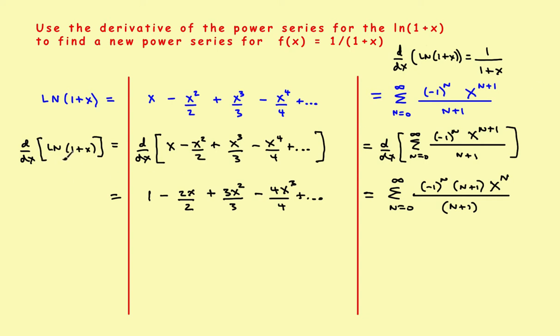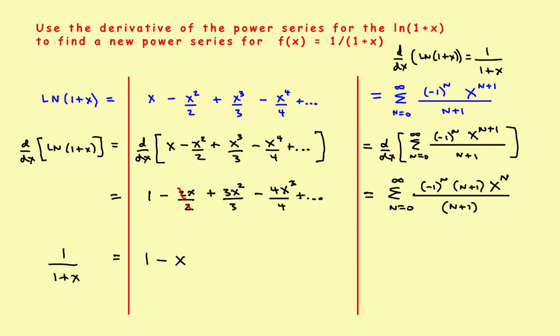Okay, now the last step is really just a matter of cleaning things up. The derivative of the natural log of x, and you know from way up here, the derivative of the natural log is 1 plus x. So you know that this thing is going to be 1 over 1 plus x. And it's equal to, and now it's just a matter of simplifying things. Here's 1, then you've got a minus. Now here, the 2's will cancel out, which leaves you with an x here.